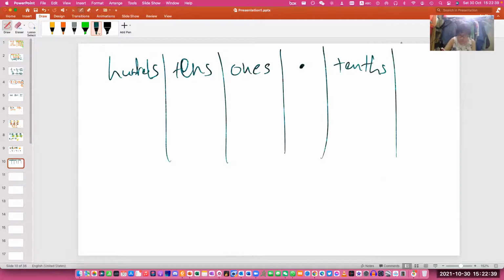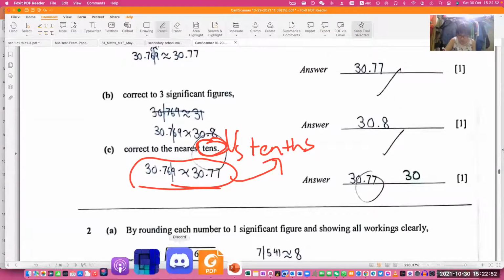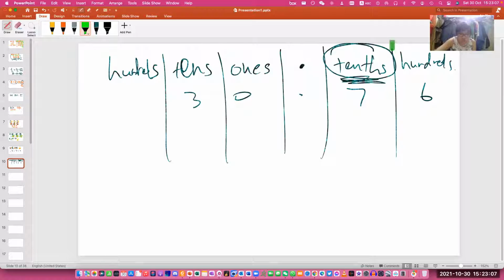Actually, your time is also wrong. Actually, I just realized this position is the tens. So this answer 30.76. So if they ask for tens, where you should put the line is here, after the 7.